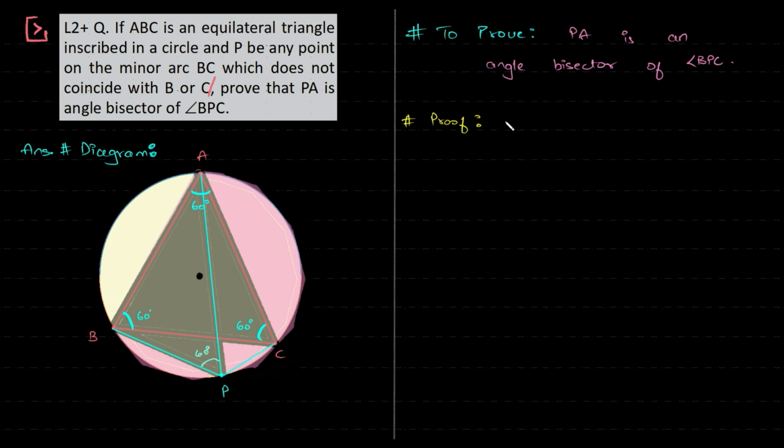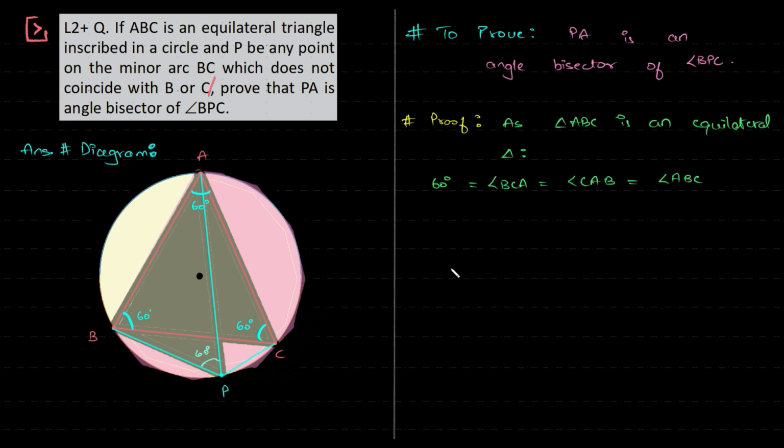So first thing first, as triangle ABC is an equilateral triangle, even though we know that it is 60, we'll just write it off. Angle BAC will be equal to angle CAB will be equal to angle ABC. And all of this is equal to 60 degrees.